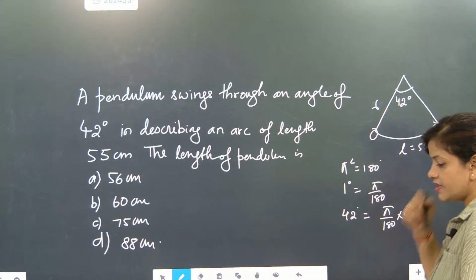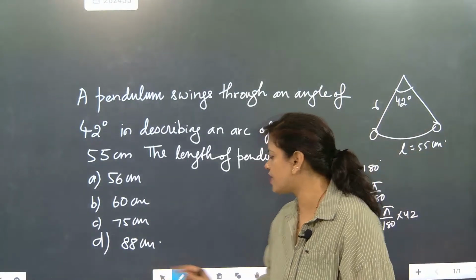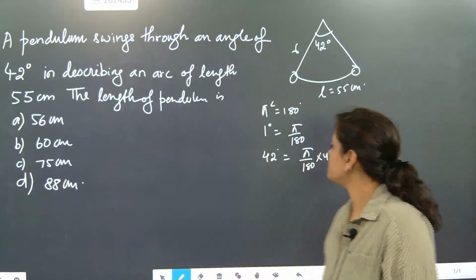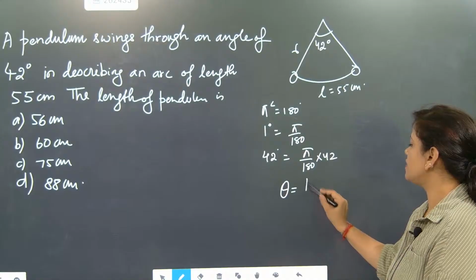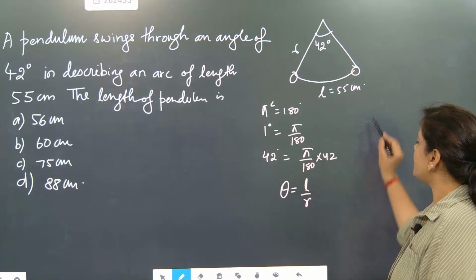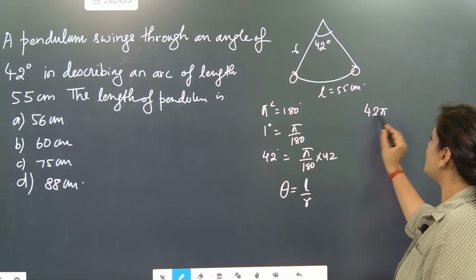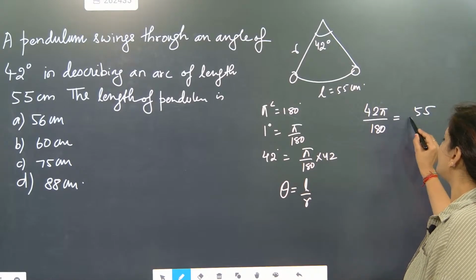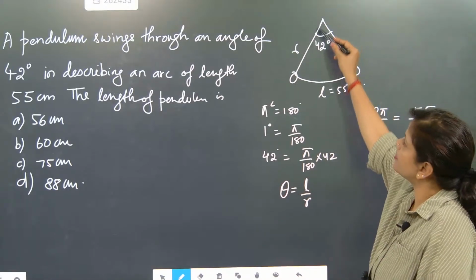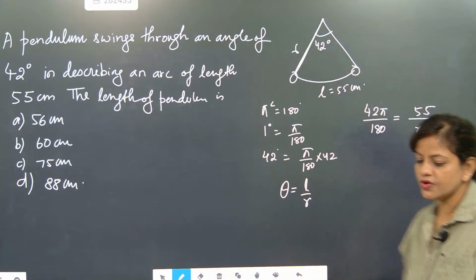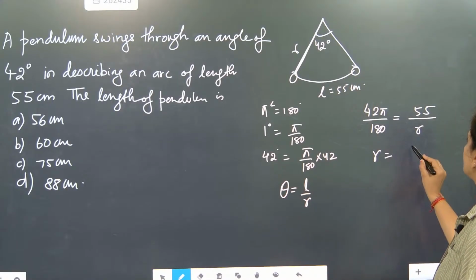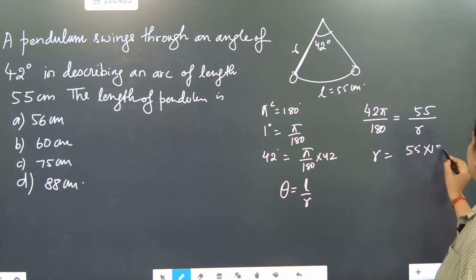Already we know that theta is equal to L by R. So theta is 42 pi by 180, equal to arc length 55 by radius. Radius here will become the length of the string. So R is equal to 55 into 180 by 42 pi.